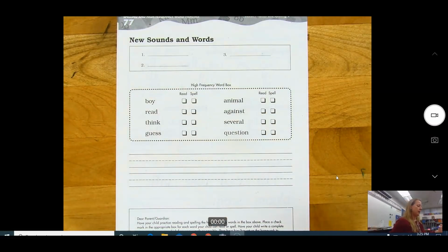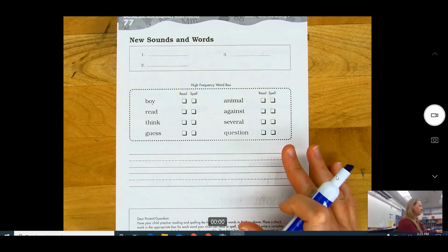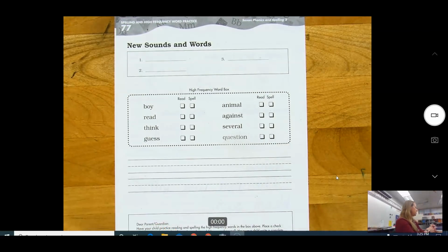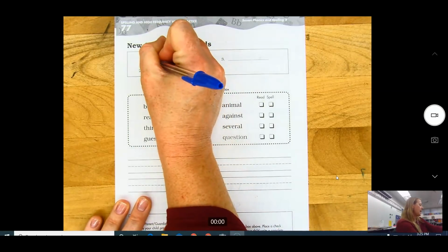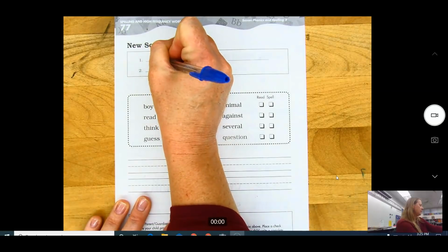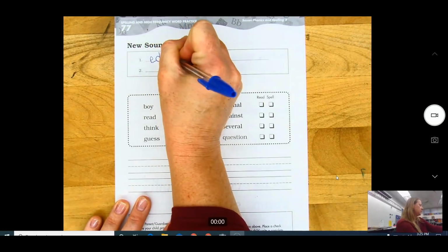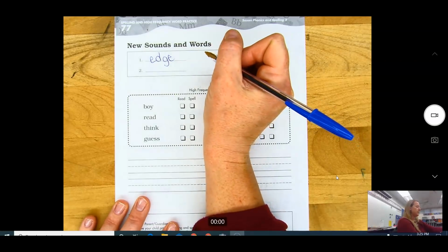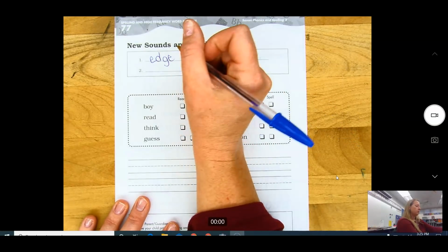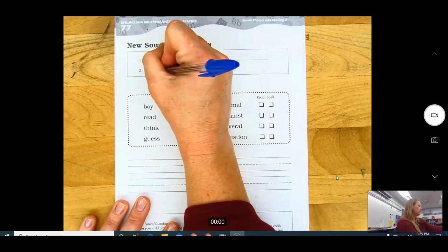So let's go ahead, go back to our high frequency word practice sheet. New sounds and words. Number 1, edge. E, D, G, E. Edge. It has the J at the end, right? So E, D, G, E. Number 2, fudge.